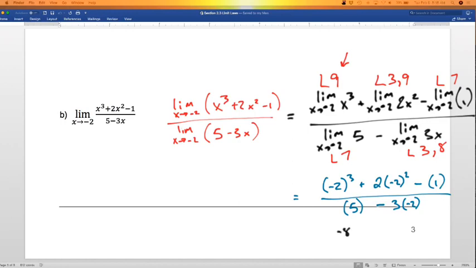And so we have -8 plus 8 minus 1 over 5 plus 6, which is equal to -1/11. Notice that the bottom is not 0. That's important because we used our quotient property, and all of those limits existed. We didn't have any weird limits in there.